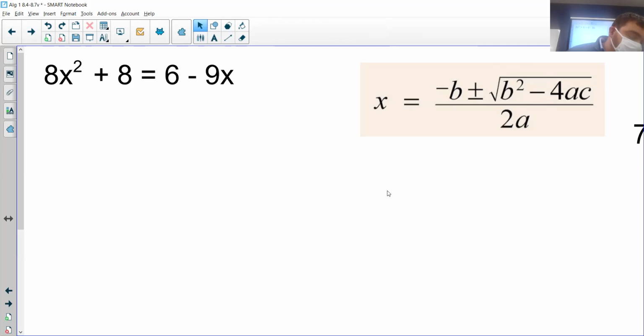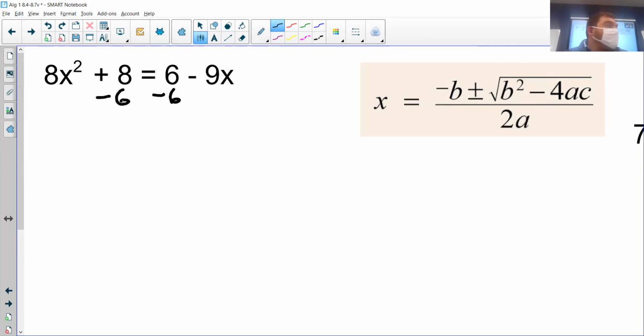Wait, what about this now? Everyone, shh. You're trying to get it so it equals what before you can even start? 0. So usually you want to keep the x squared on the one side, so I'm going to move everything else. I'm going to subtract 6. Does anything combine with a minus 6? The 8, which becomes 2. And then the 9x, does that combine with anything?